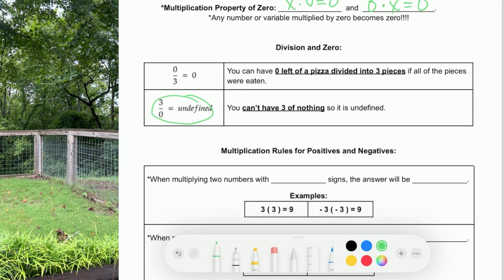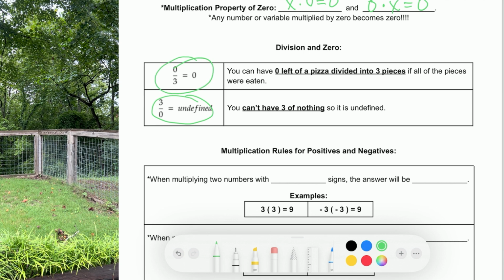You can't eat 3 if there's nothing there originally. If there was no pizza to begin with, you can't eat 3 of those. You can't have 3 pieces of an empty box, okay? So what this basically is saying is you can't have 3 of nothing. So it's undefined. There's no way to define this fraction. So just keep that in mind when you're looking at these fractions.